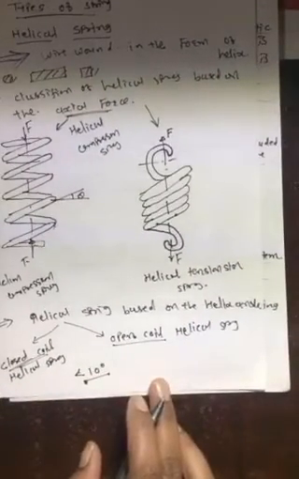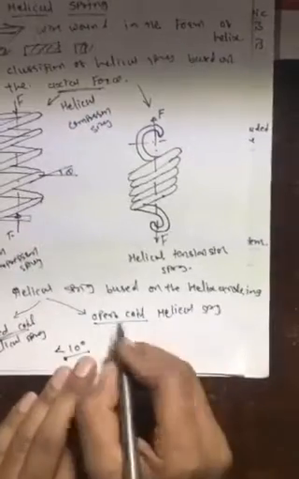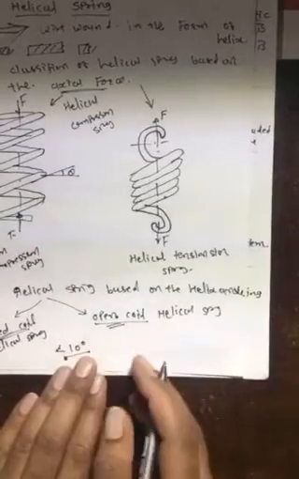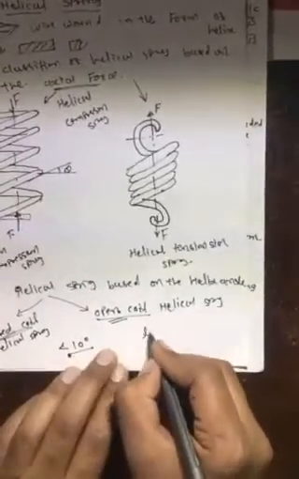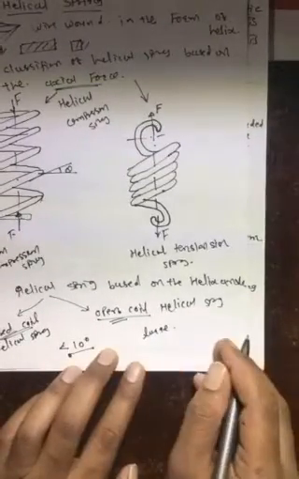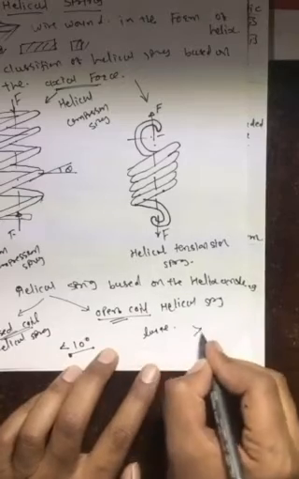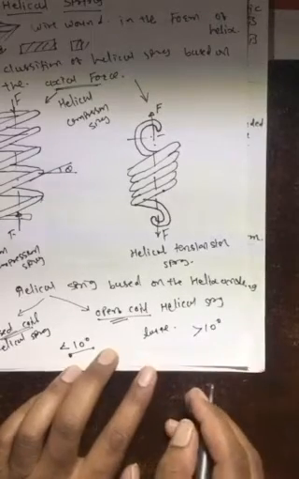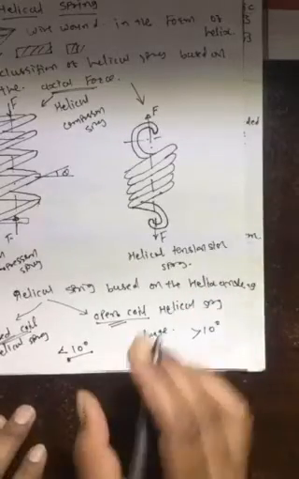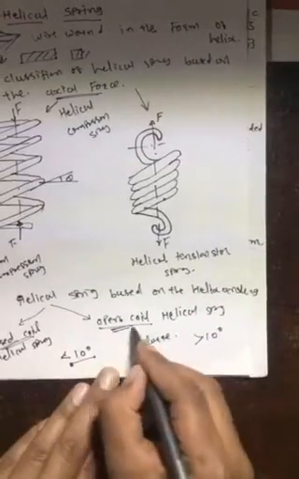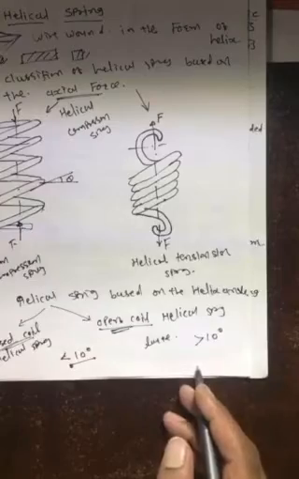Next is the open coil spring. In an open coil spring, opposite of the closed coil, the helix angle is large, usually more than 10 degrees, and there is a large gap between two consecutive coils. This is called an open coil helical spring.